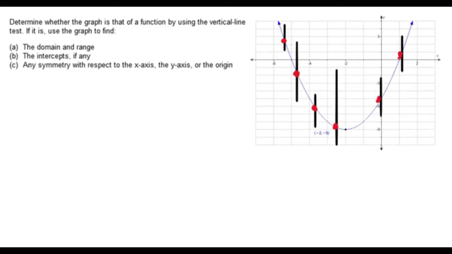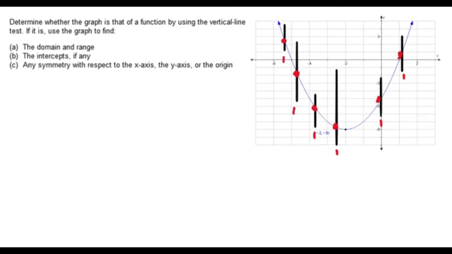So every vertical line crossed the graph in one place. Now what this is telling us is that every x has one y. So because all of these vertical lines crossed in only one place, all of our x's for this graph have only one y, and that is the definition of a function.